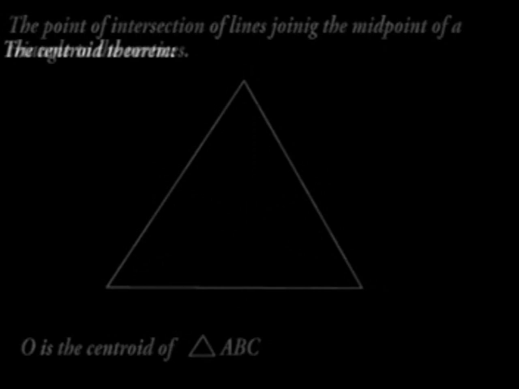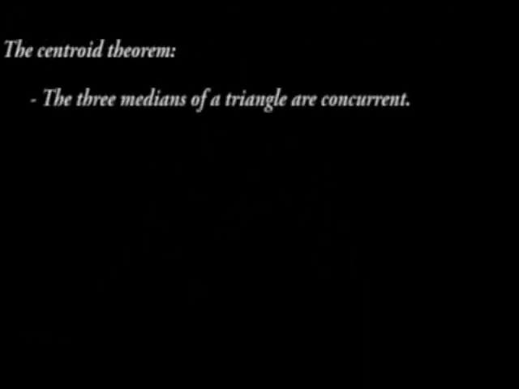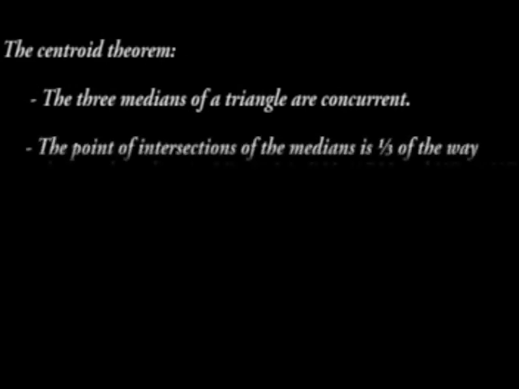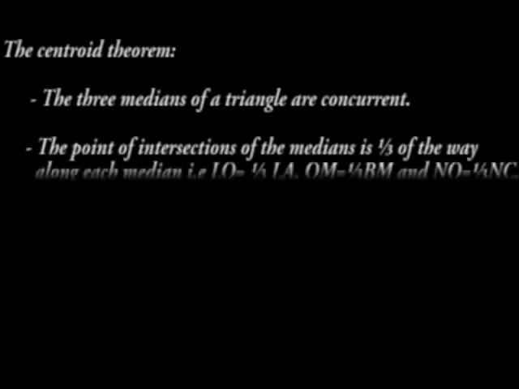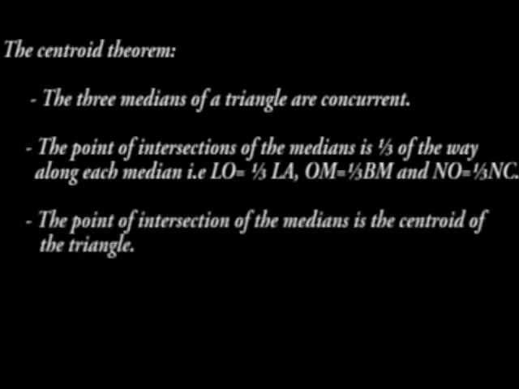The centroid theorem indicates that the three medians of a triangle are concurrent. The point of intersection is a third of the way along each median, that is, LO is equal to a third LA, OM is a third BM, and NO is a third NC. The point of intersection of the medians is the centroid of a triangle.